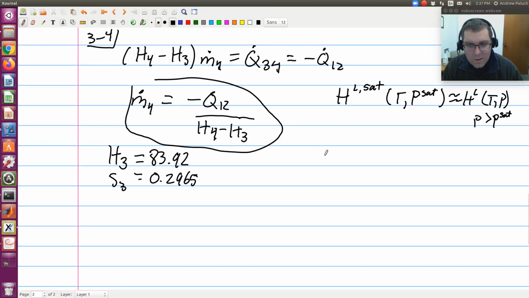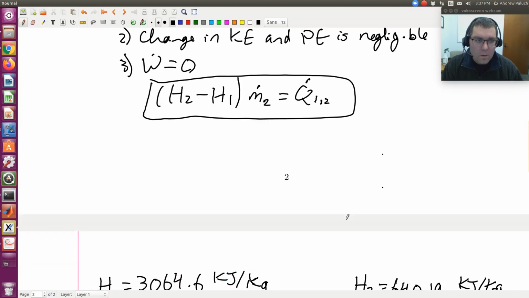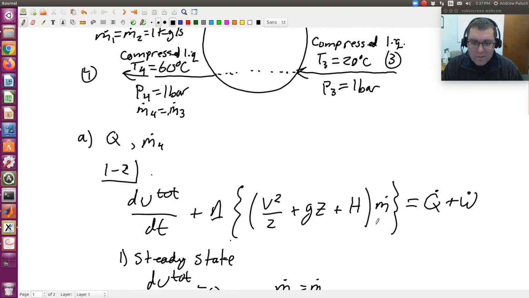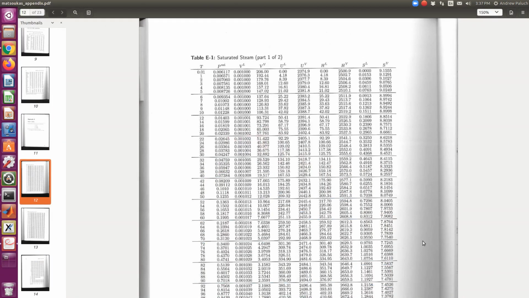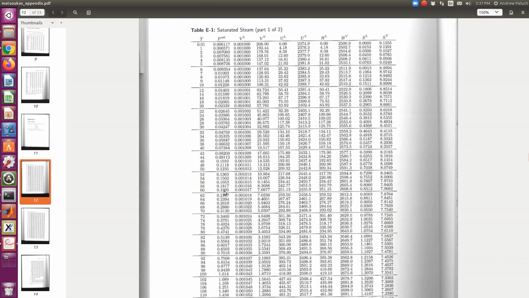Then let's get state 4, H4 and S4. In state 4, I'm at 60 degrees C. So let's go down to 60 degrees C. Psat is 0.1995, so P is greater than Psat. I'm a compressed liquid.